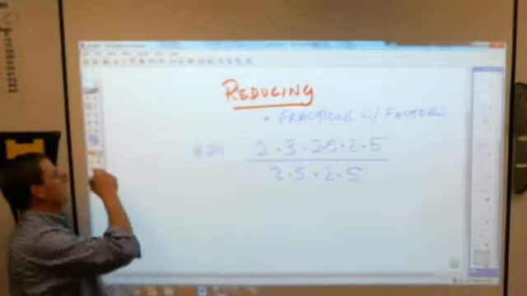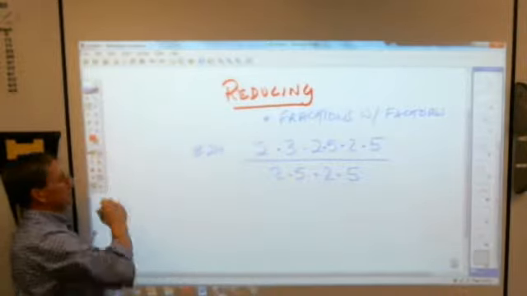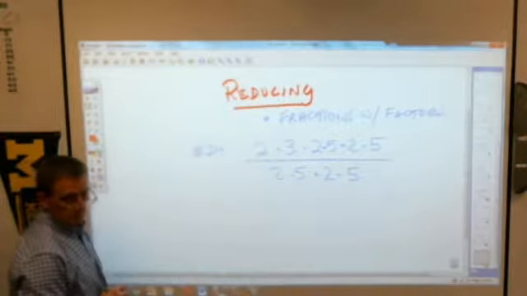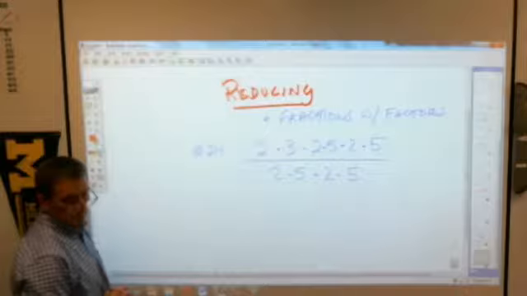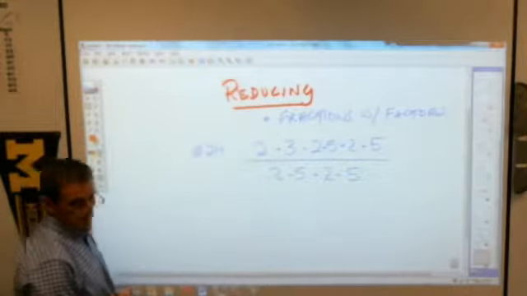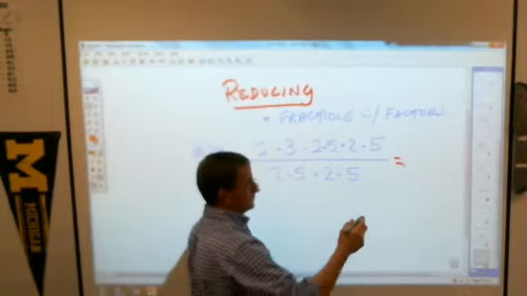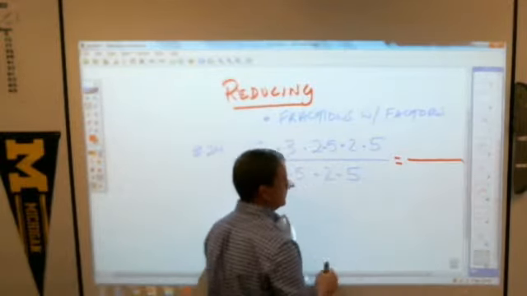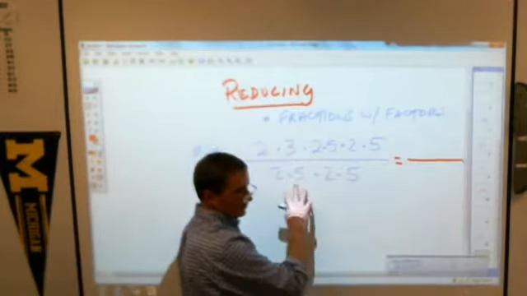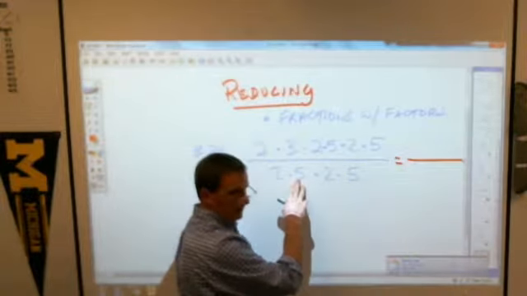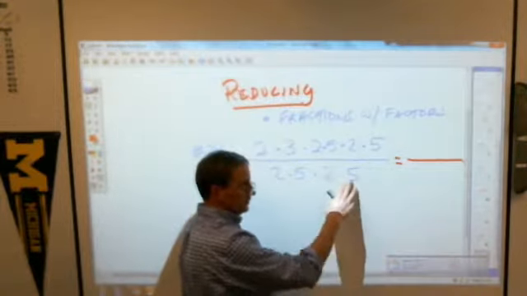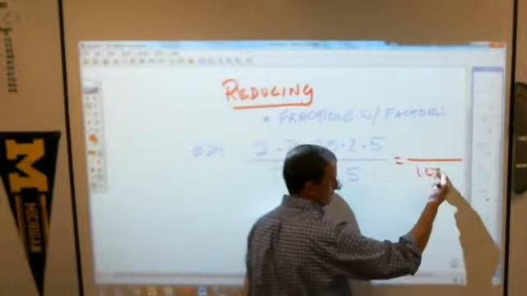Samuel, how did you do that? Well, I multiplied the top and then multiplied the bottom. Okay, I'm good with that. Which, by the way, there's a quick way to do this, but 2 times 5 is 10, right? 10 times 2 is 20, 20 times 5 is 100, correct?